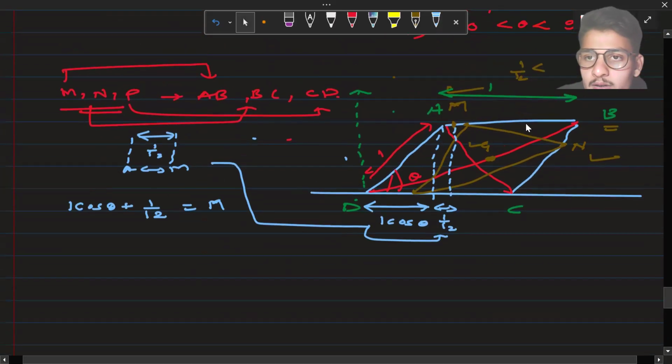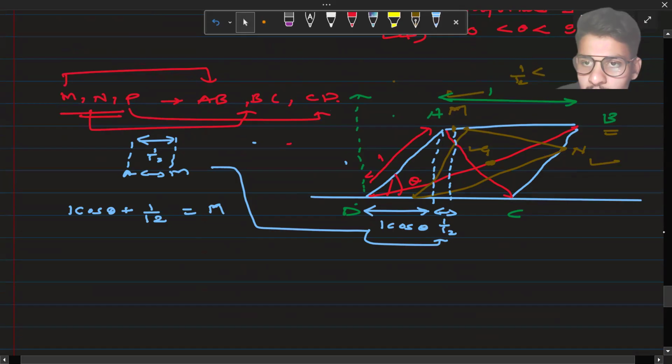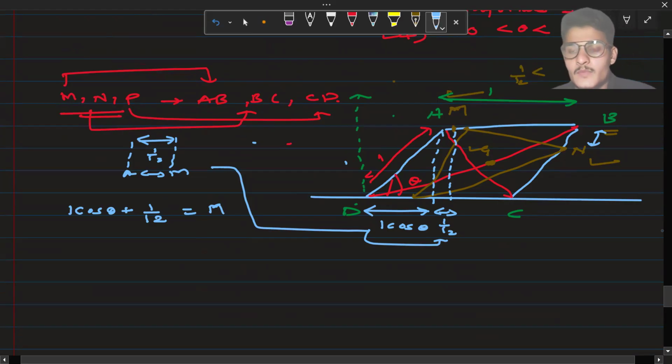And what will be the coordinates of N? BN is 1/5, so the rest part will be 4/5. This one part is 4/5.